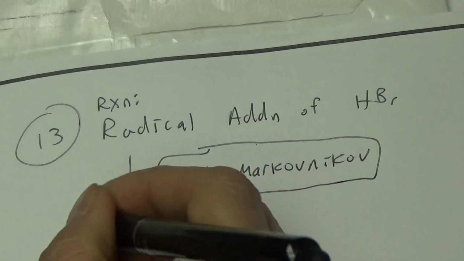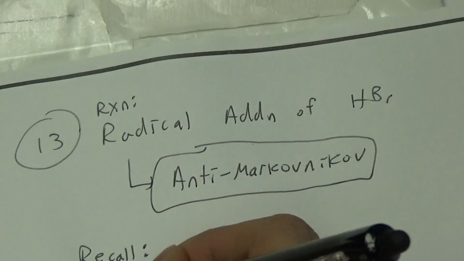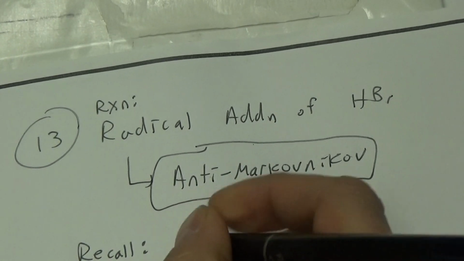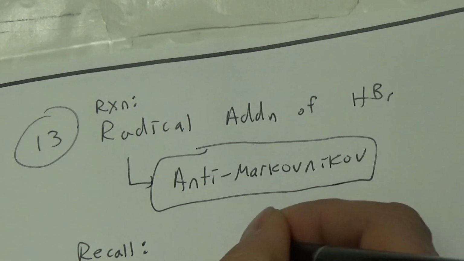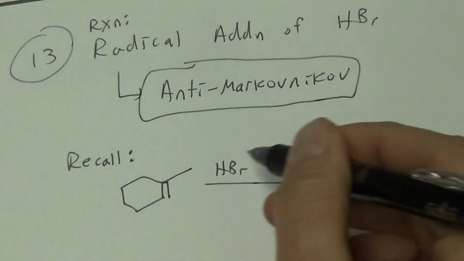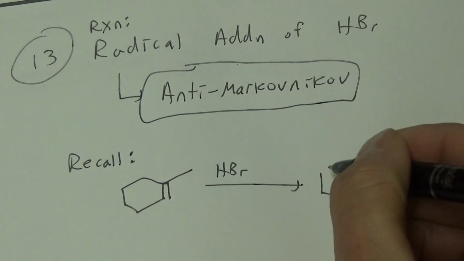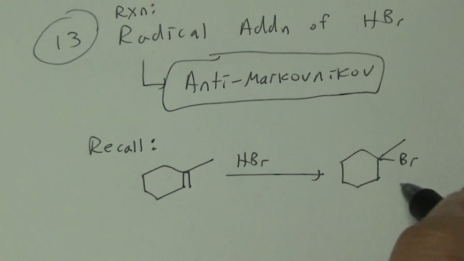Alright? So recall that, from the very beginning of this chapter, what did we learn? We learned that HBr would react and you'd get the Br there. Was that Markovnikov or anti-Markovnikov?